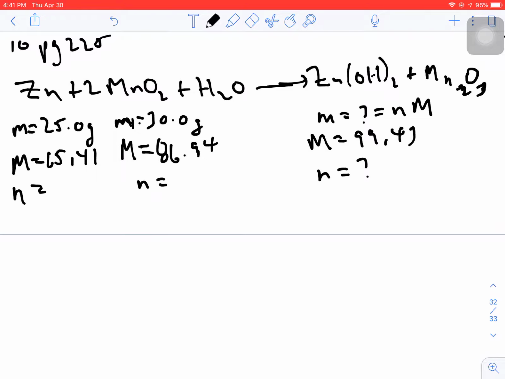So let's start by calculating the moles. Number of moles, mass divided by molar mass, which is 25 grams, divided by the molar mass of 65.41 grams per mole. For the MnO2, I've got 30 grams, divided by the molar mass of 86.94.